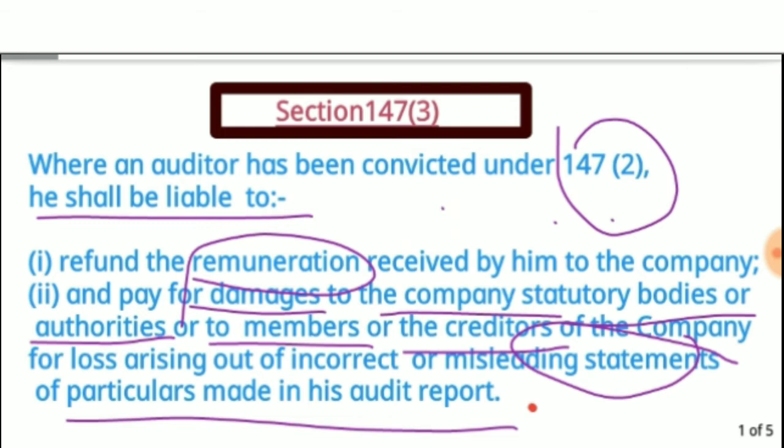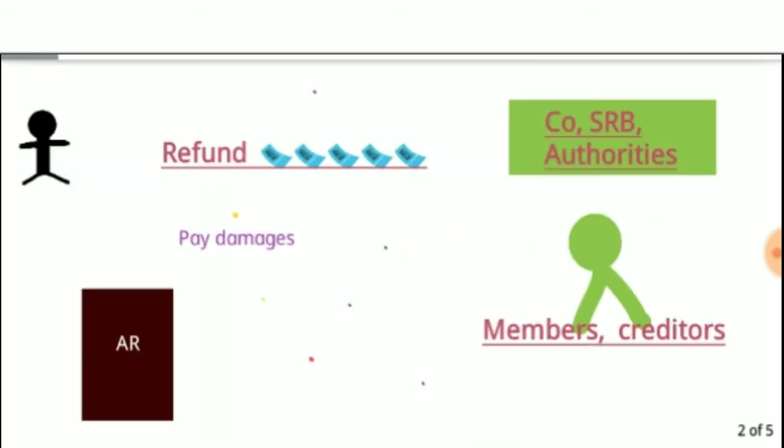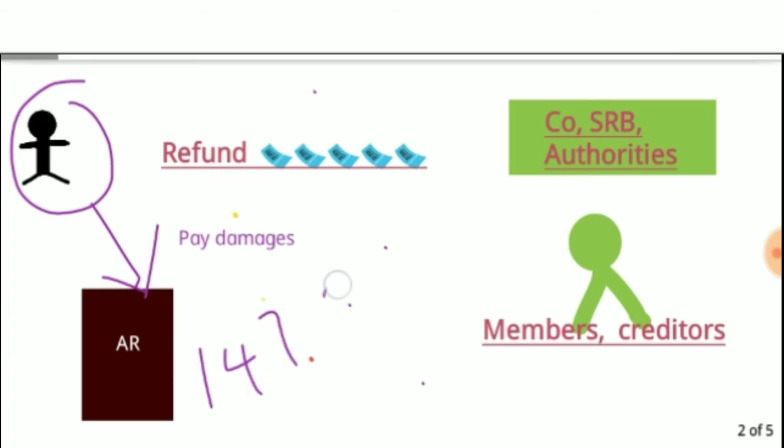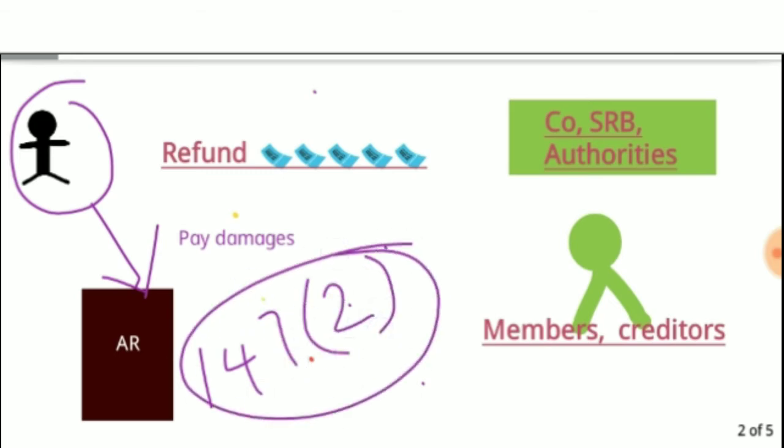Right, friends? So it is mainly stating that, suppose this is the auditor of the company. He has issued an audit report where a 147 subsection 2 contravention happened.